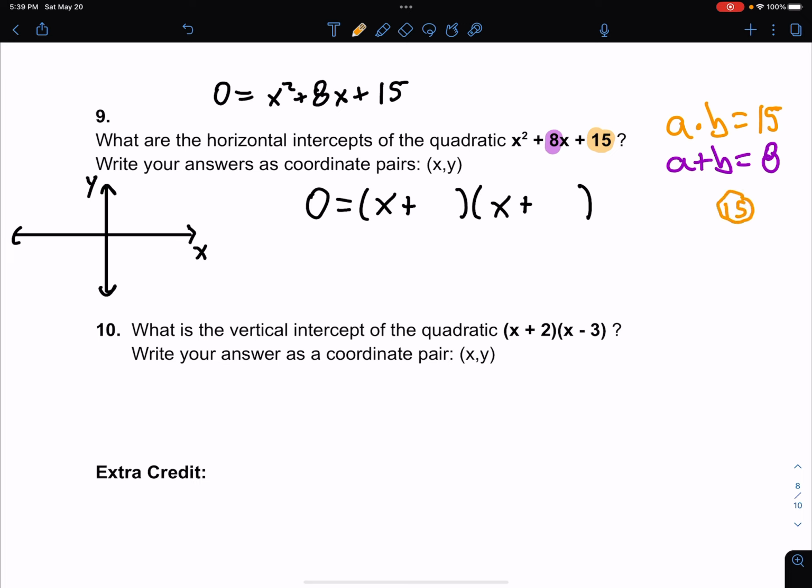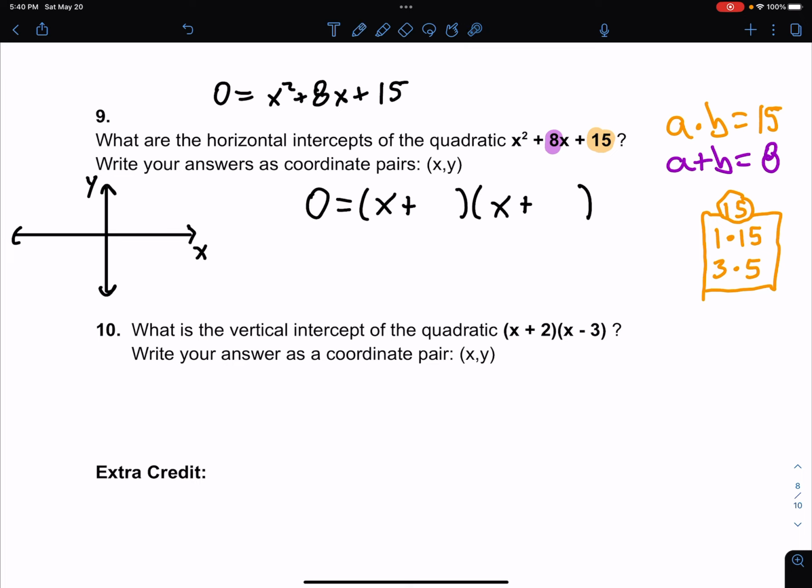And those we can pick from which ones add up to be 8. So we got 1 times 15. And then we got 3 times 5. I think that might be it. So here's my factors of 15.